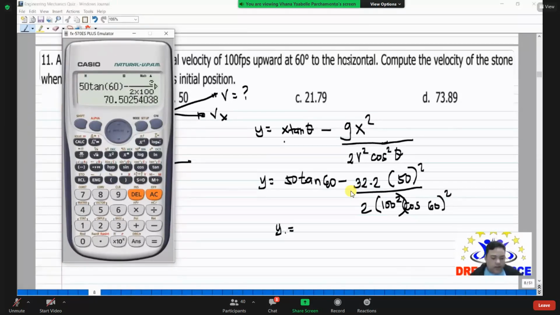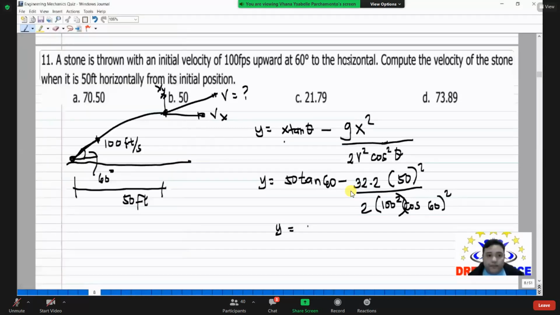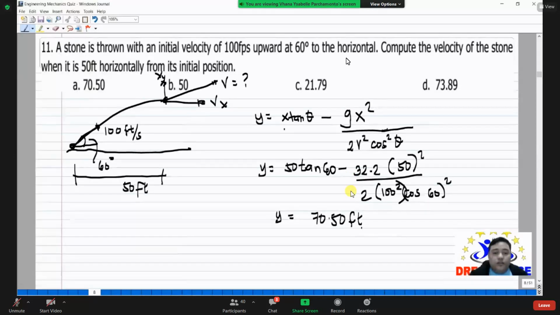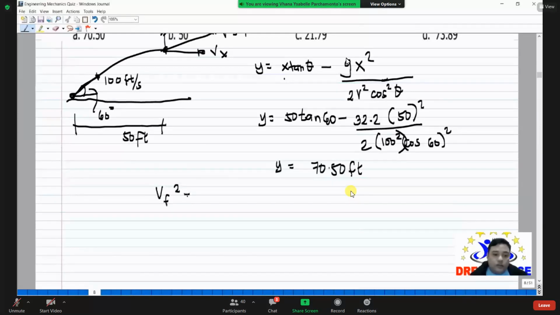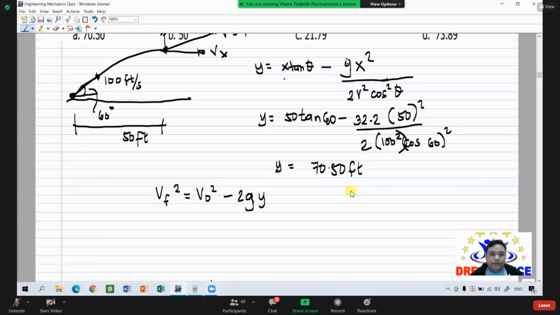So, your y here is 70.50 feet. So, pwede natin gamitin yung final velocity squared is equal to VO squared minus 2GY. Since this is a projectile, minus dito. Free fall kasi rin yan.